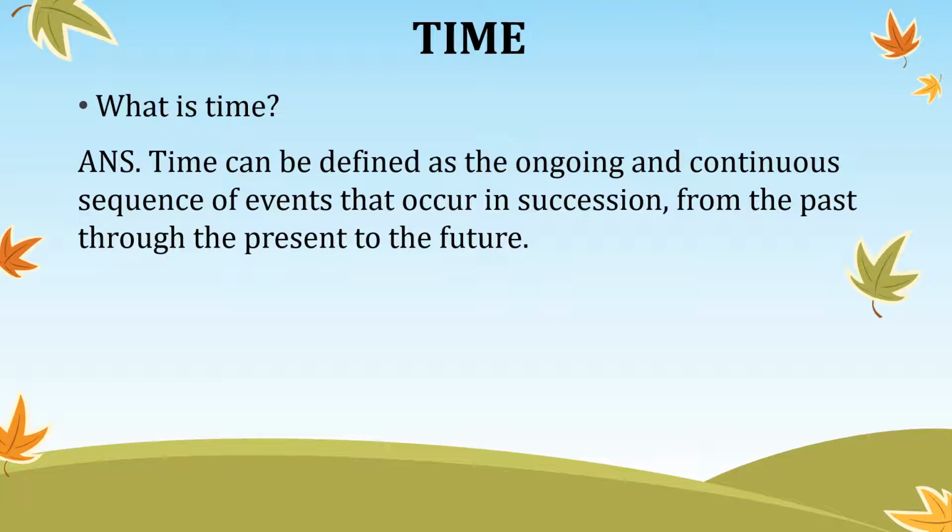Let me simplify it for you. Time can be defined as the ongoing and continuous sequence. मतलब टाइम एक ऐसी चीज है जिसको हम डिफाइन कर सकते हैं जो चलते रहता है और कंटिन्यूटी में रहता है. कंटिन्यूटी मीन्स चलते जाना. It never stops, वो कभी नहीं रुकता.